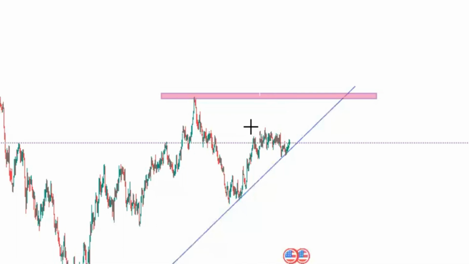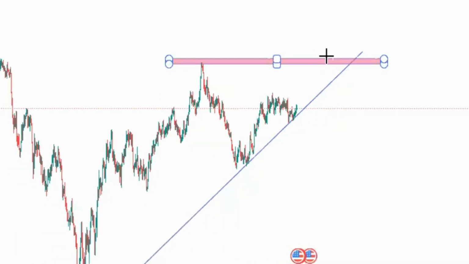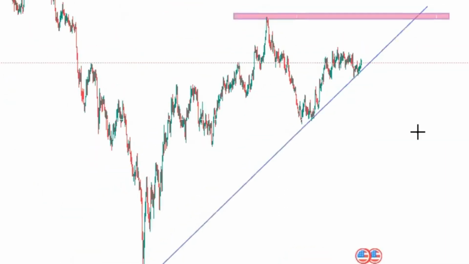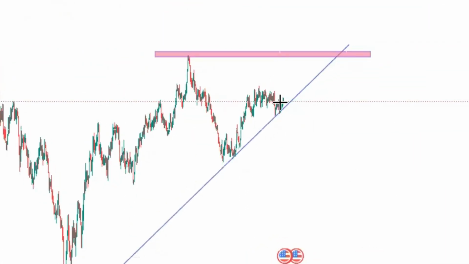We're expecting it to take this high or at least form an equal high. But for now, judging from the higher time frame, the daily, we are in the uptrend.